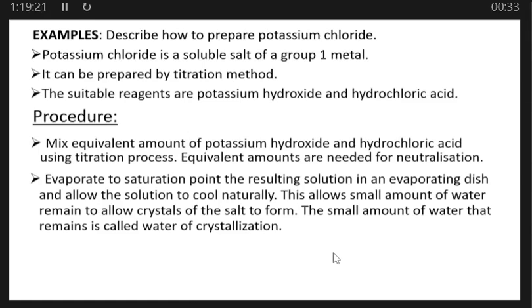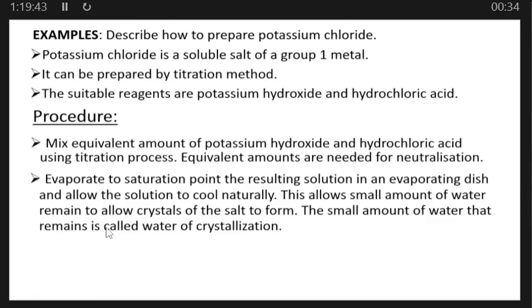So it will evaporate naturally, and that water which will remain now will help crystals to be formed, and these crystals will have straight edges. All right, so we are saying the small amount of water that remains is called water of crystallization. So now these are the two procedures.